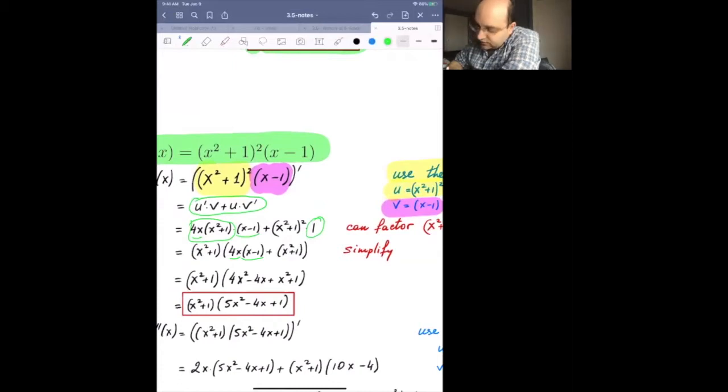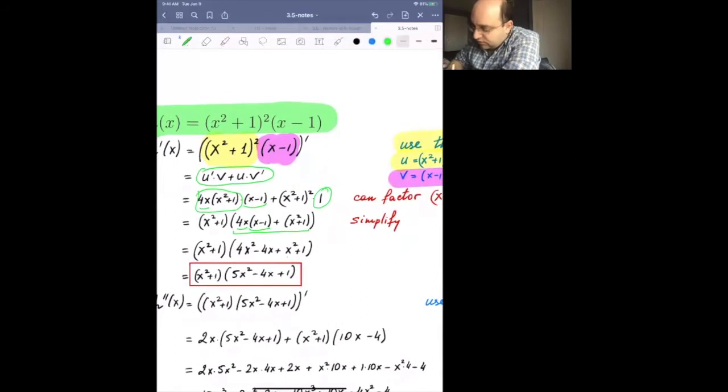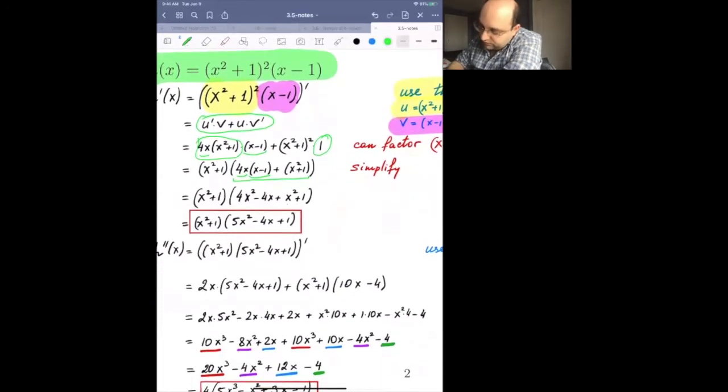If I factor x squared plus 1, there is one more x squared plus 1 remaining. Then I simplify the expression in the parentheses, and what I obtain is x squared plus 1 times 4x squared minus 4x plus x squared plus 1. I combine the similar terms and I obtain the answer in this red frame here. Okay?